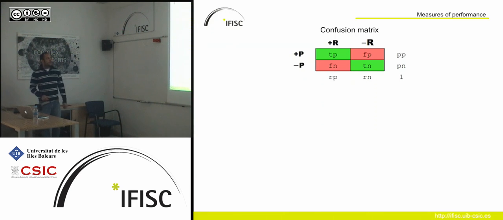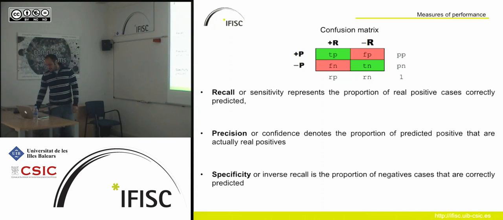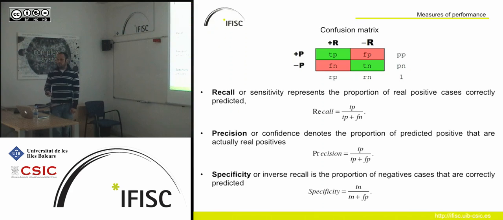With this kind of matrix, we can define different measurements to see how well the system performs. I know there are many definitions here, and at any time of the presentation we can come back. I will try to discuss only the most important one, however we can discuss the others if we need to. The recall is the proportion of real cases that are correctly predicted.